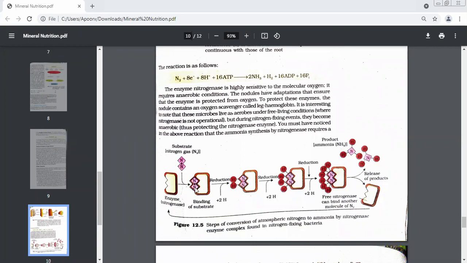You can see N N. One molecule of nitrogen, I mean, we have two atoms of nitrogen. If you see, this substrate molecule of nitrogen has already bound. So this is called binding of substrate. This was your substrate N2. Binding is done. So we call this step binding of substrate.